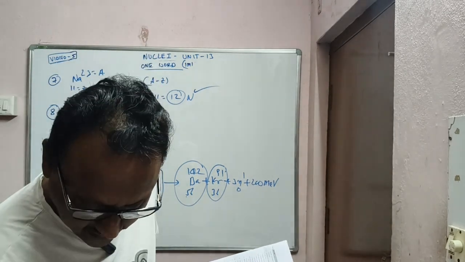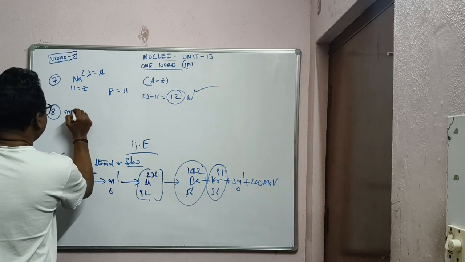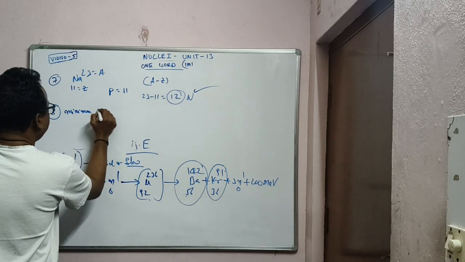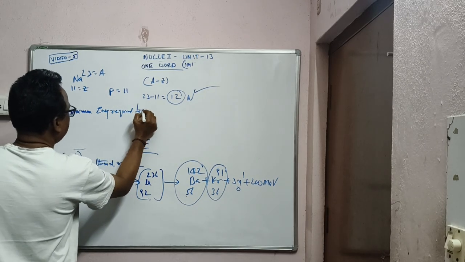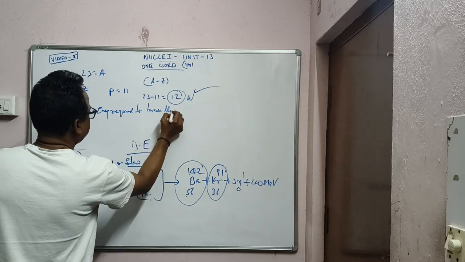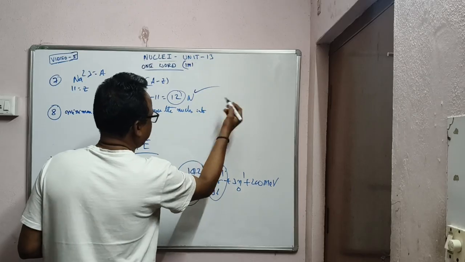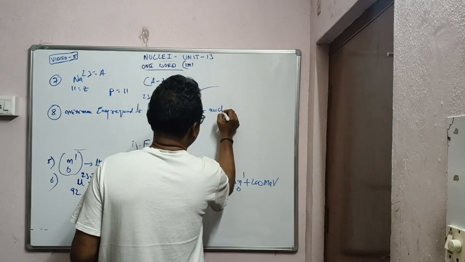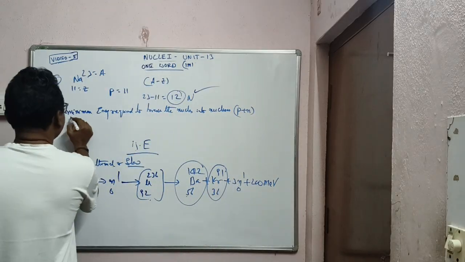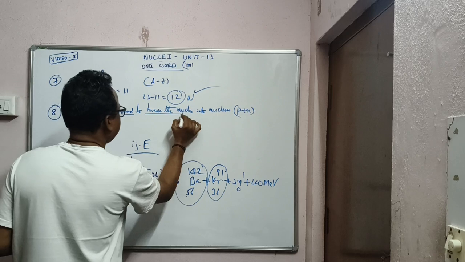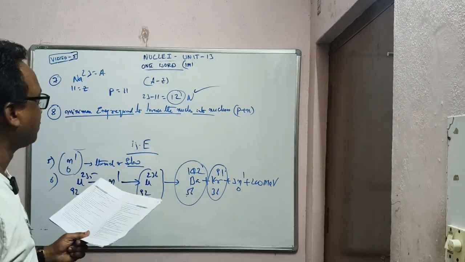Binding energy is the minimum energy required to break the nucleus into its respective nucleons. Nucleons means protons plus neutrons present inside the nucleus. So this minimum energy required to break the nucleus is called binding energy. The same energy is required to again form the nucleus.